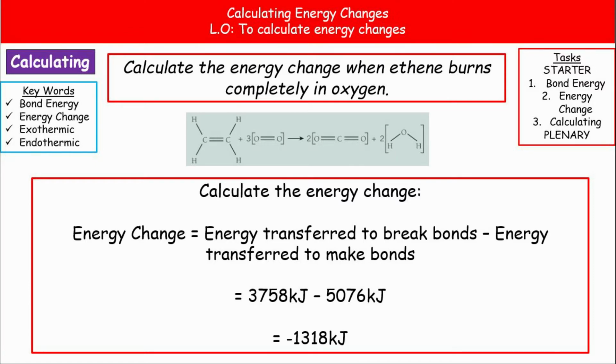1,318 kilojoules. Now, whether it's positive or negative, it's really important that you show the sign, because if it's a positive value, that means it's an endothermic reaction. If it's a negative value, then it's an exothermic reaction. So the sign you've got to include.